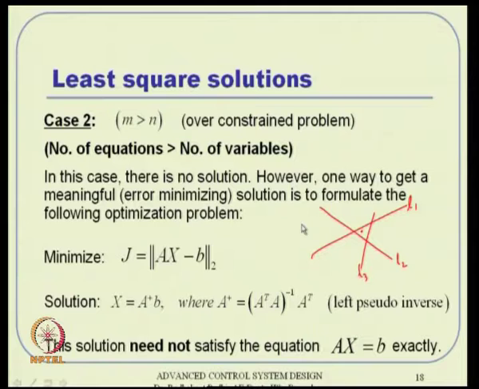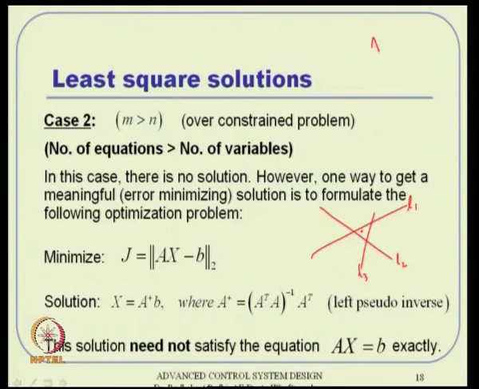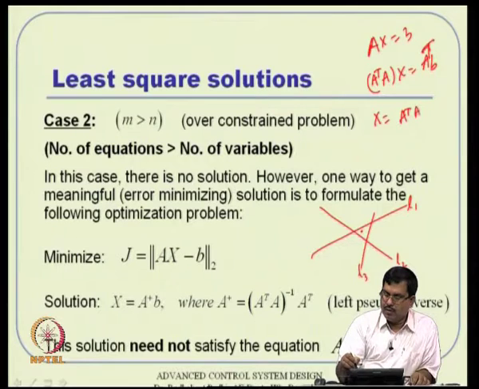It is also interesting to see that this equation can be derived from a different perspective. Suppose you have Ax equal to b, then you simply multiply both sides with A transpose, giving A transpose A x equal to A transpose b. Then, if A transpose A is non singular, you get x equal to (A transpose A) inverse A transpose b.